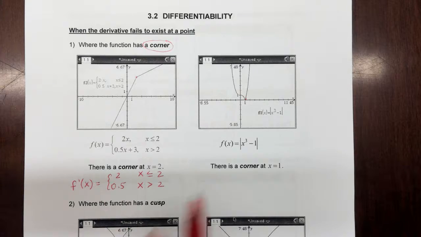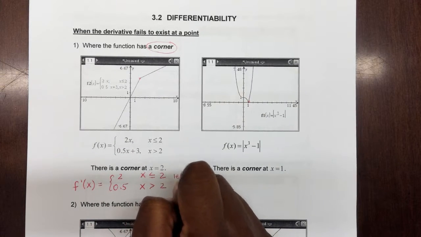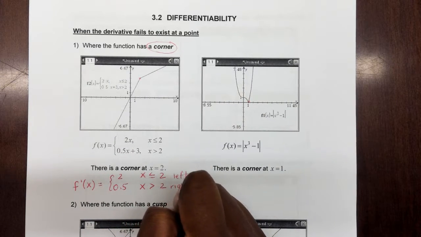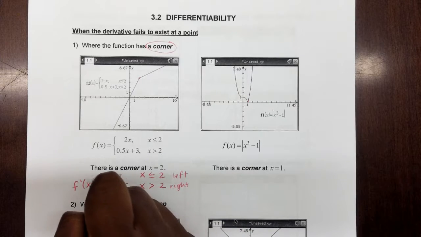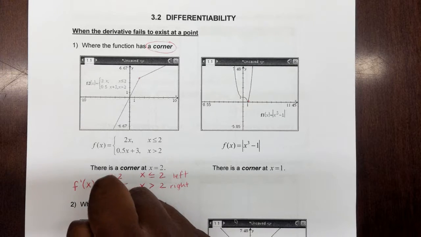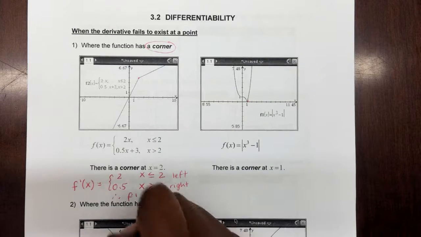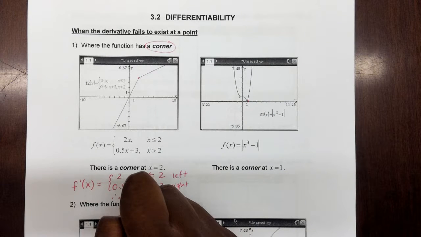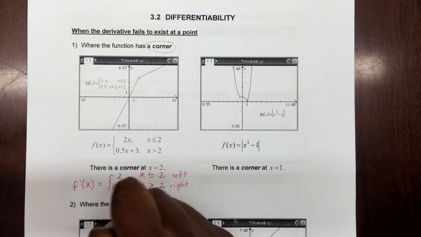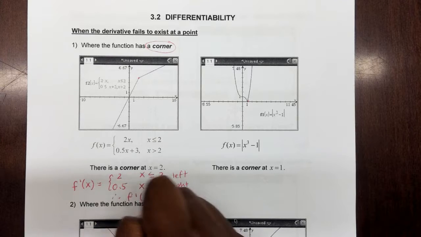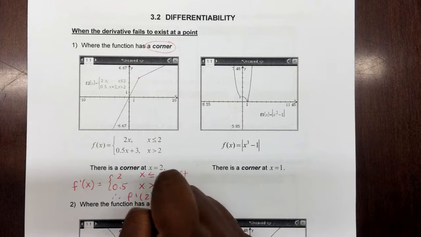So the derivative from the left and the derivative from the right do not equal each other, therefore the derivative of f at 2 does not exist.